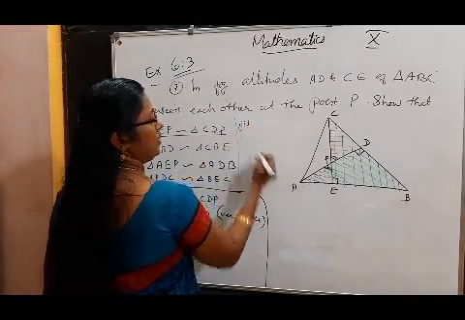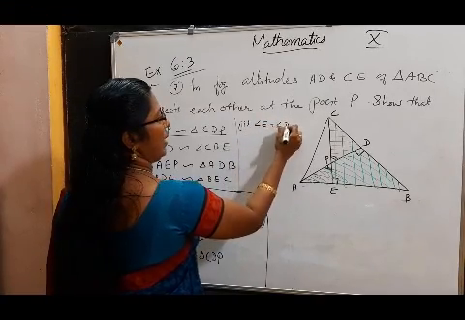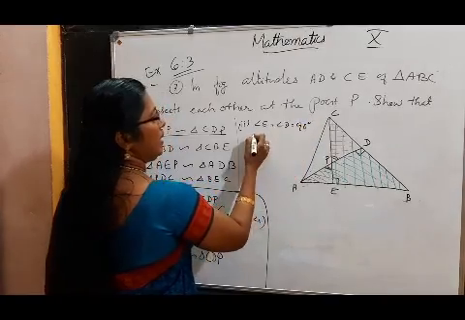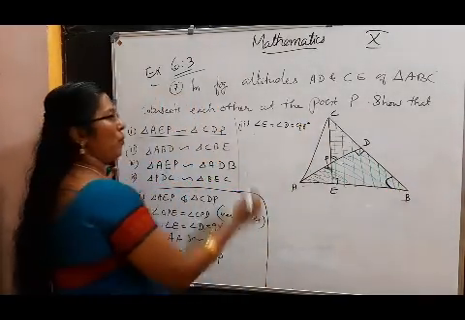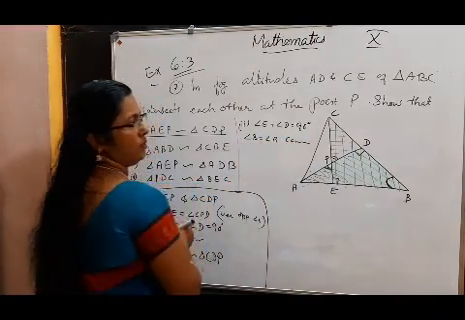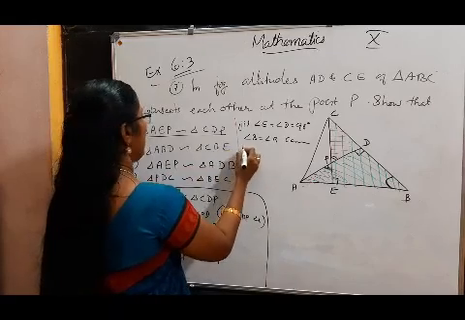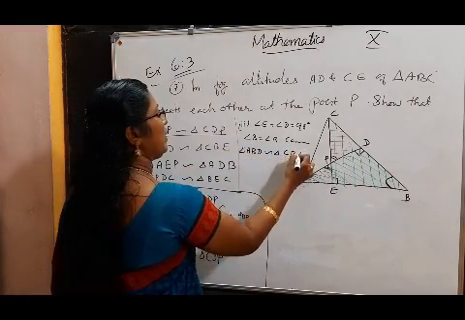Angle E equals angle D equals 90 degrees, and angle B equals angle B, common. So we can say that triangle ABD is similar to triangle CBE.